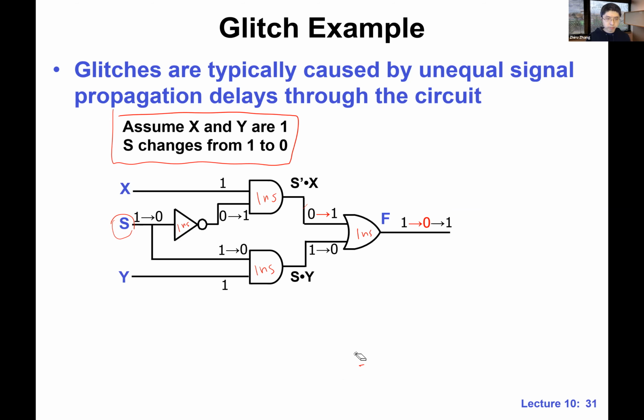So this might be a little bit confusing. This is time 2, and this is also time 2. Because of propagation delay, this guy is still 0, because we are propagating the change of S over here. In time 1, this signal is still 0, so that's why in time 2 this signal is still 0.